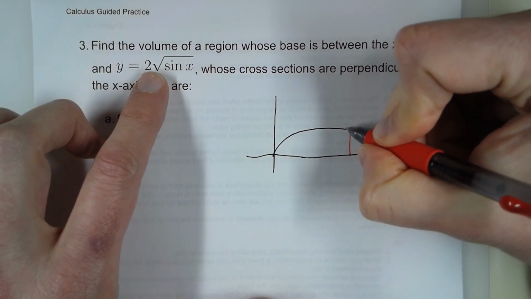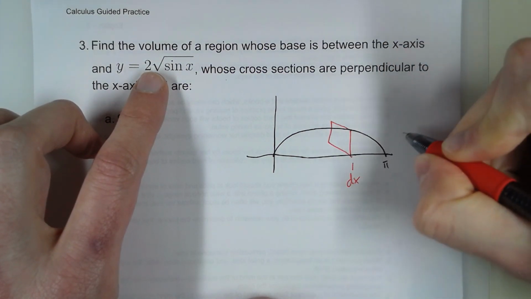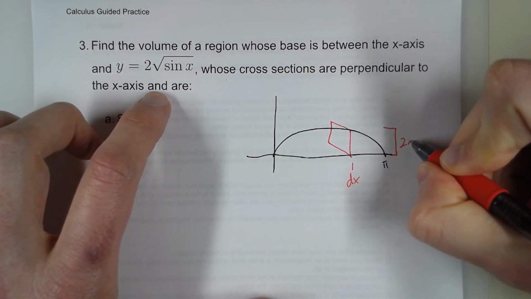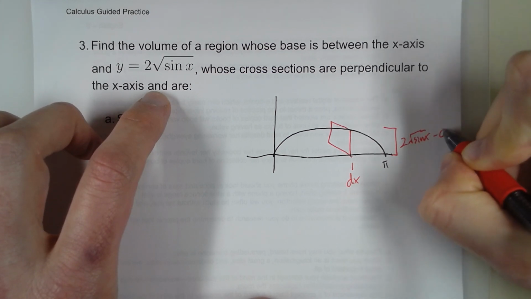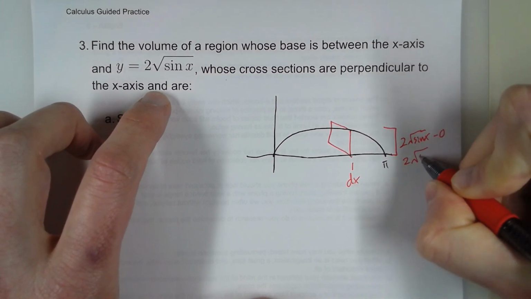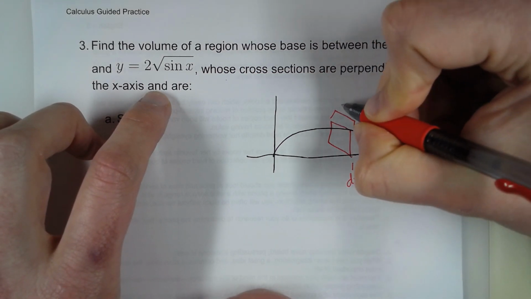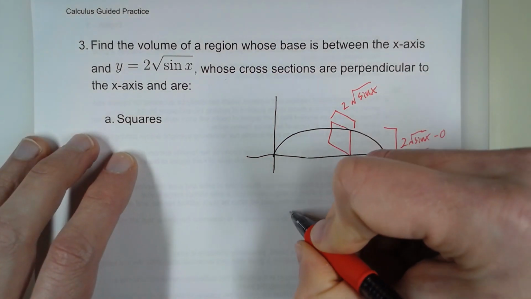So each of these slices is a square. The thickness is dx. And so the top is 2 square root of sine x. The bottom is 0. So it's just 2 square root of sine x. And so that is also the height, 2 square root of sine x.